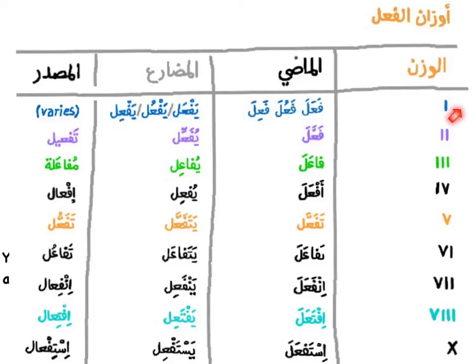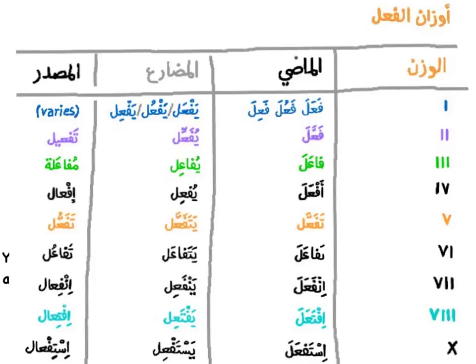In الماضي, الوزن 1 we have فعل، فعل، فعل. In المضارع: يفعل، يفعل، يفعل, and we've already seen a lot of examples for that. You can check back the previous videos or your book. We have مصدر varies in this وزن 1. وزن 2 فعّل, it's always فعّل with a شدة, يفعّل, مصدر تفعيل. So درّس، يدرّس، تدريس for example.